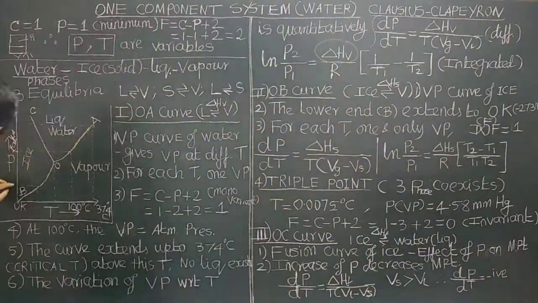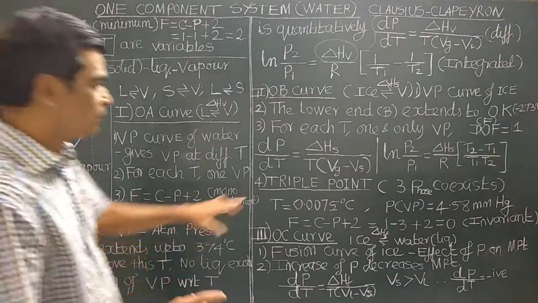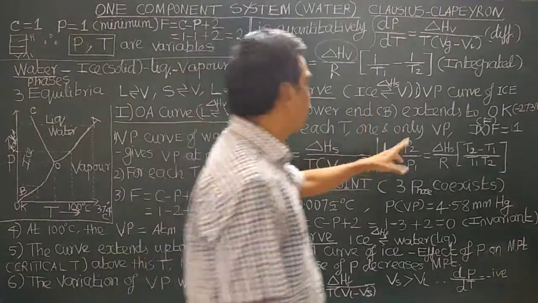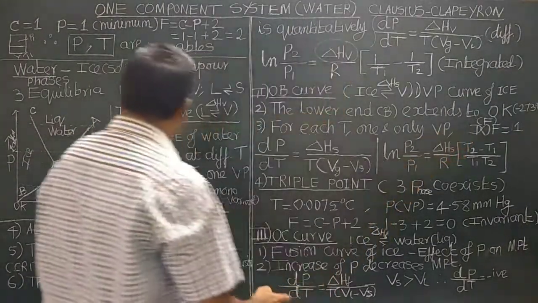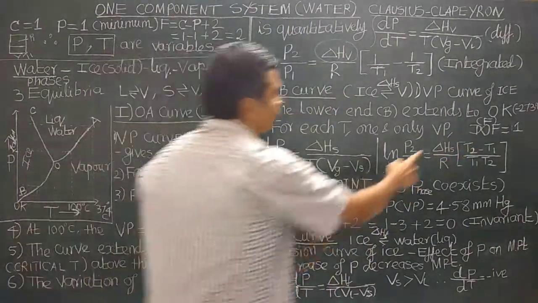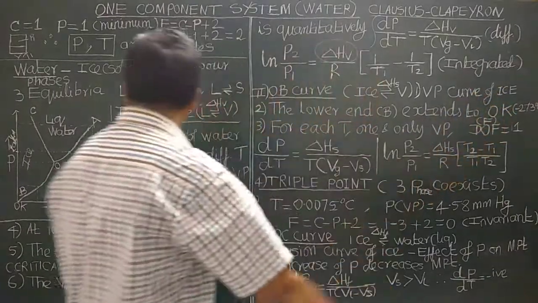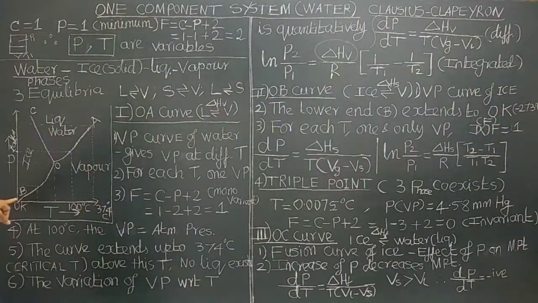Similarly, for this vapor pressure, there will be one temperature, or vice versa. Therefore, by applying the phase rule, you can write here also F equal to C minus P plus 2, so F, the degree of freedom, is equal to 1. Therefore, this is a monovariant process.